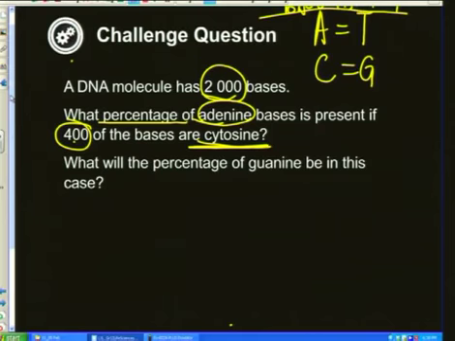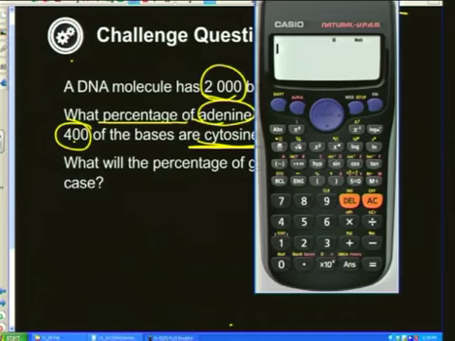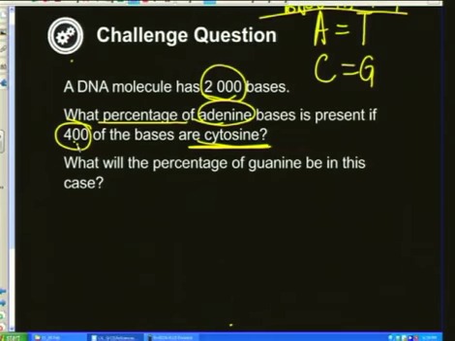So we're going to say 2,000 divided by, or rather, sorry, what am I doing here? Now I'm doing something very wrong. We're talking about 400 bases. Now watch why we're working it out in percentage.